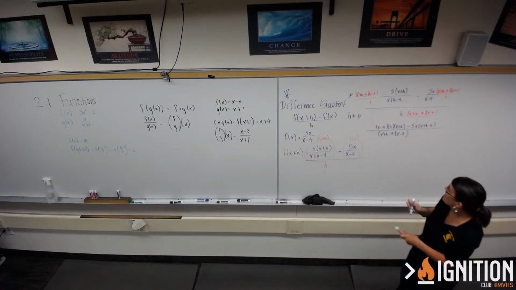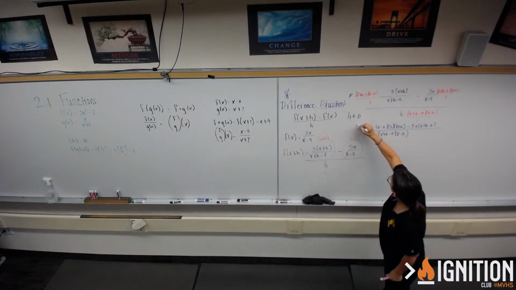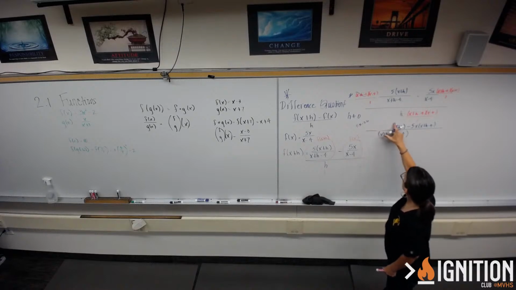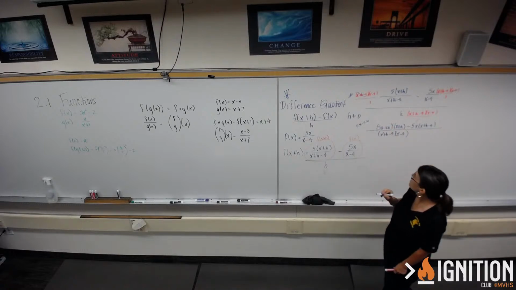Now I'm going to do some multiplying out. This is going to be 5x, distributed, I got 5x minus 20. I know I'm going kind of fast.